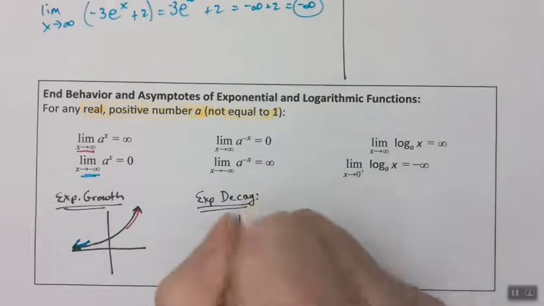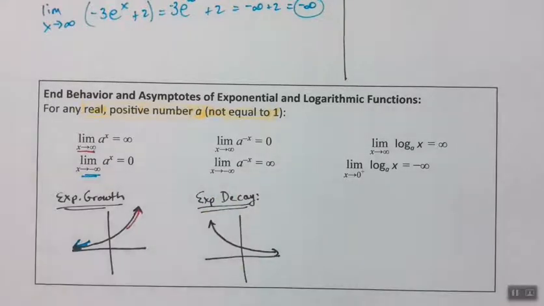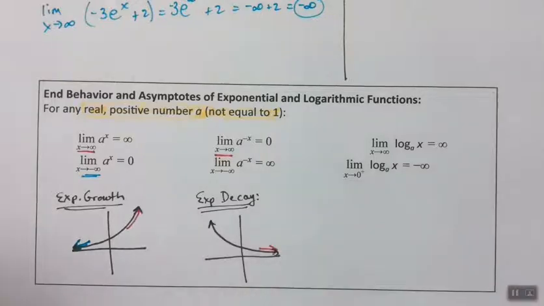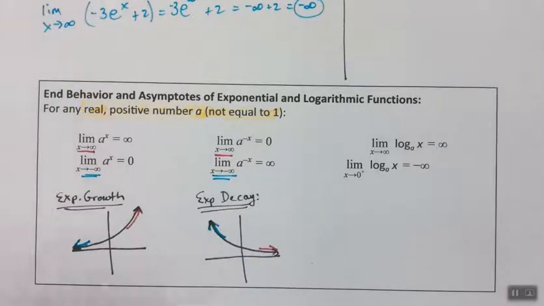And it looks like this right here. As x goes to infinity, we're heading to 0 over here. But as x goes to negative infinity, we're heading to infinity. That's right up here. So that's exponential decay. And again, I'm not happy with this up here, so I'm going to change this.